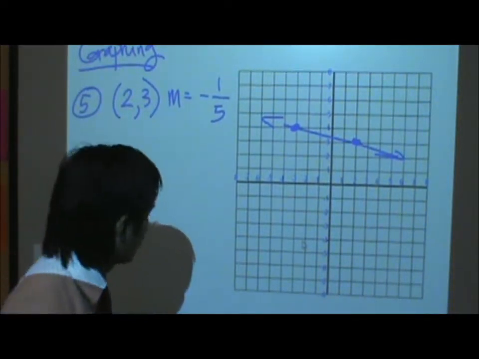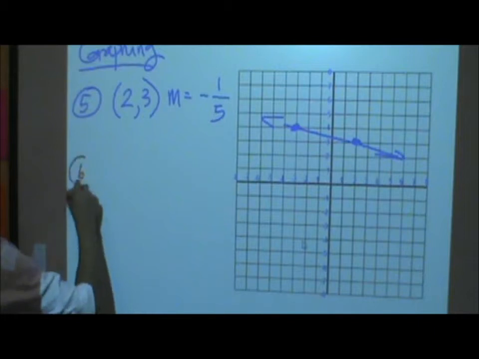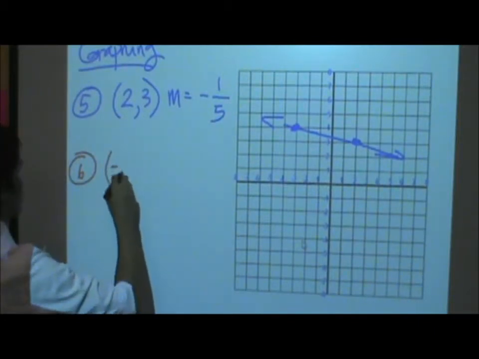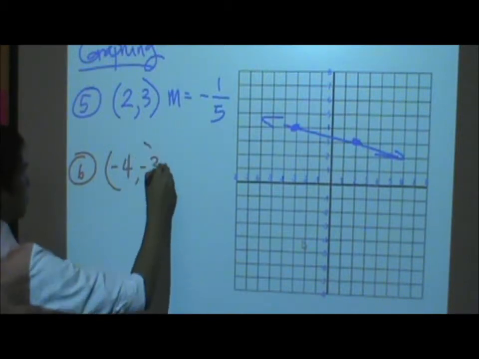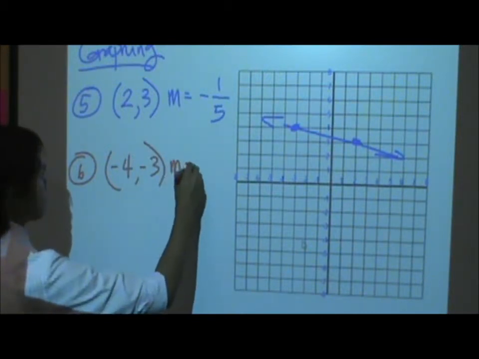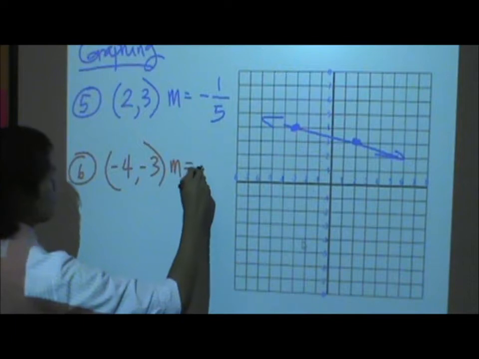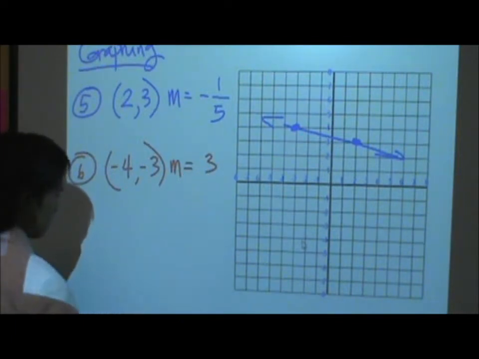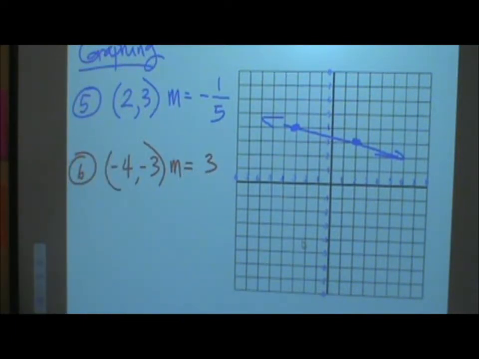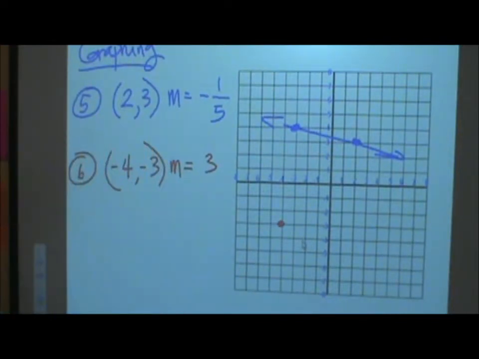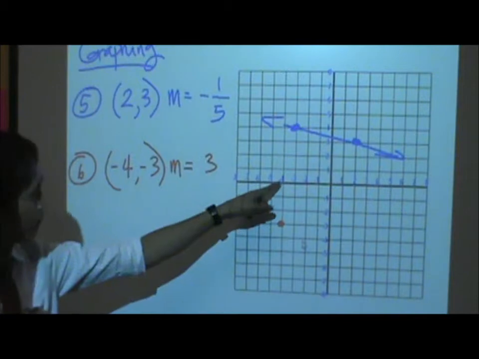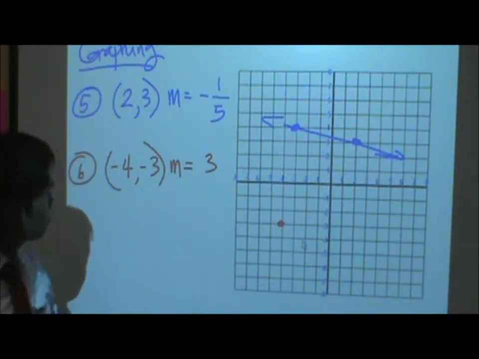Okay, let's try number 6. How about if you have negative 4, negative 3 with a slope of 3? Okay, first we plot negative 4, negative 3. There you go. So negative 4 for x and then negative 3 for y, that's the point.